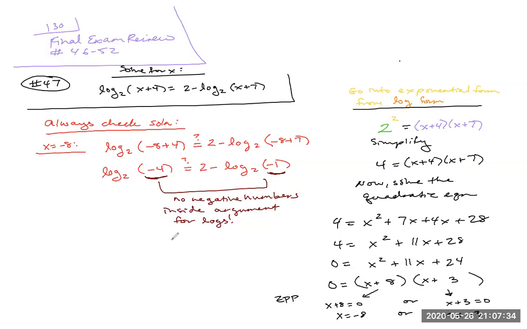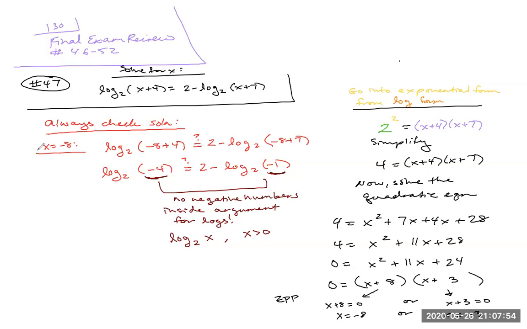The reason for that is, because it's log base 2 of x, whatever x is, it's got to be greater than 0, or else it'll be outside the domain.